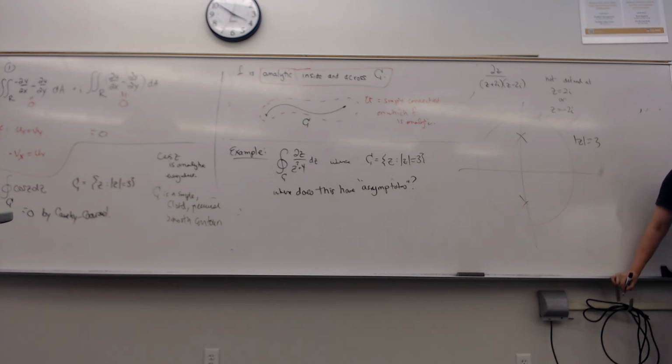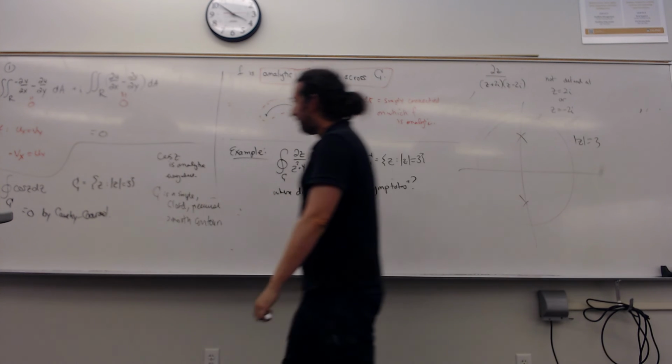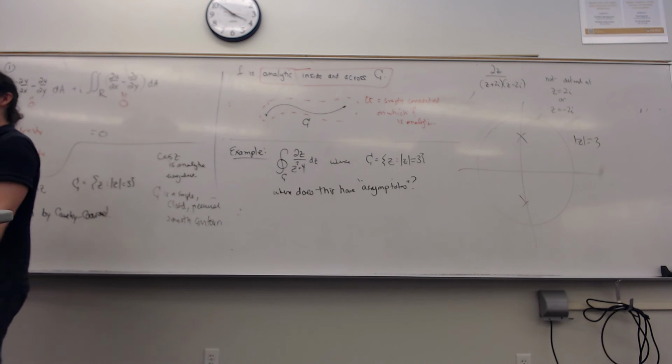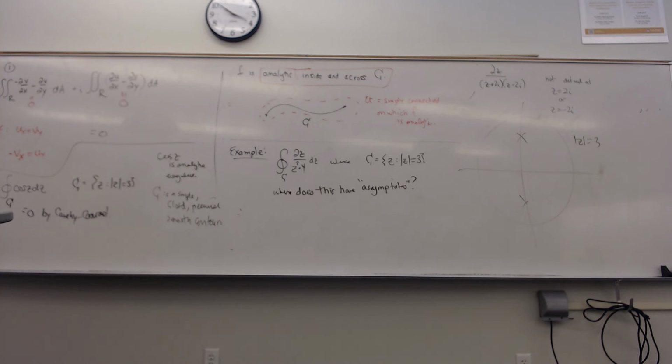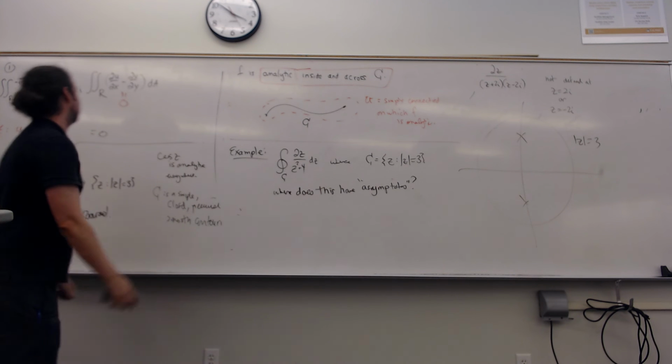Maybe I can make it into simpler functions. If only there was a technique that I could use to turn a rational function into smaller rational functions that I could get a handle on. A technique that your professors have been telling you you're not allowed to forget for your entire mathematical careers, or engineering careers, or physics careers. A technique that you can use to chop things into rational pieces.